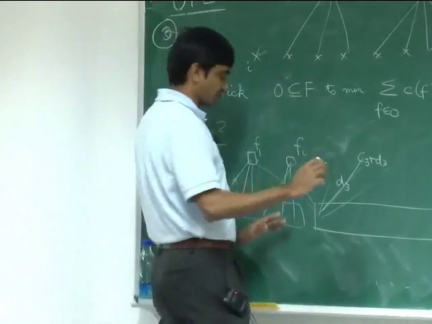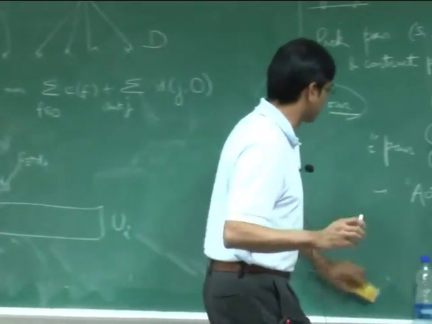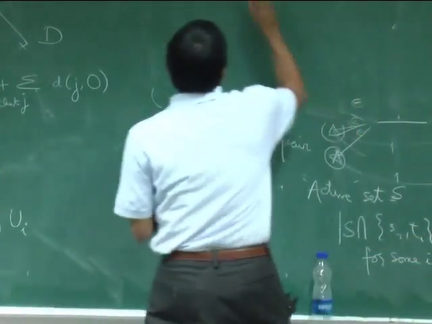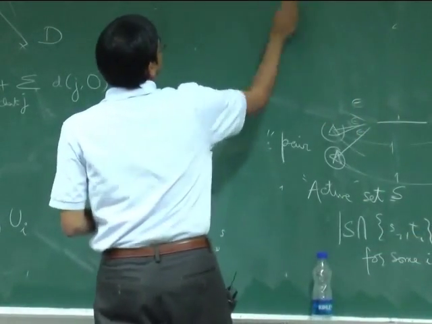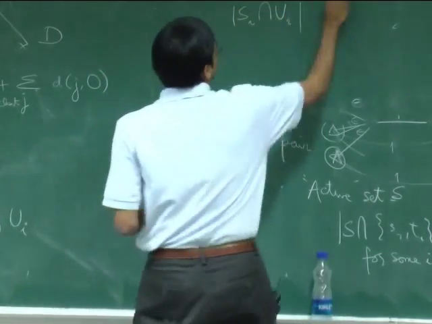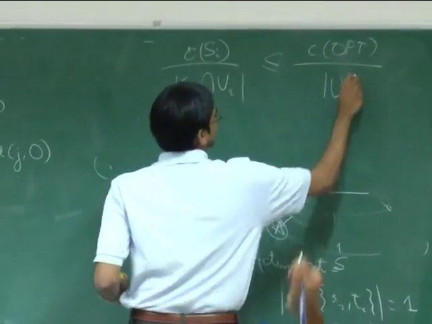And I was able to show, in set cover, that in the greedy step the cost of the set Si divided by the number it covers now is at most opt divided by everything, right?